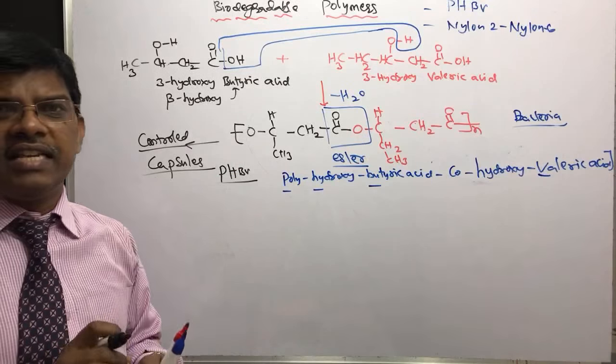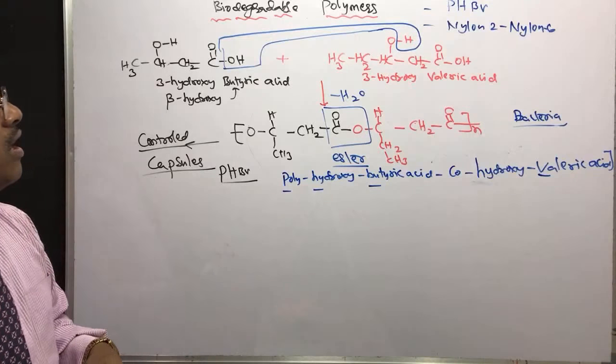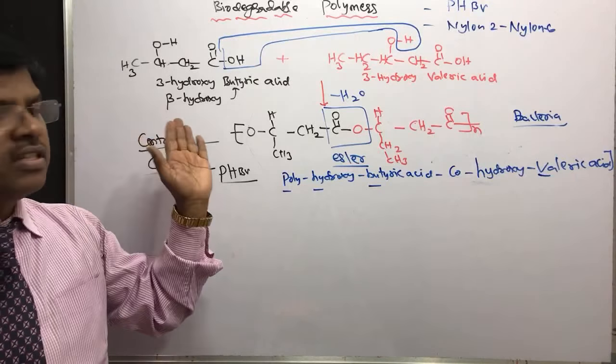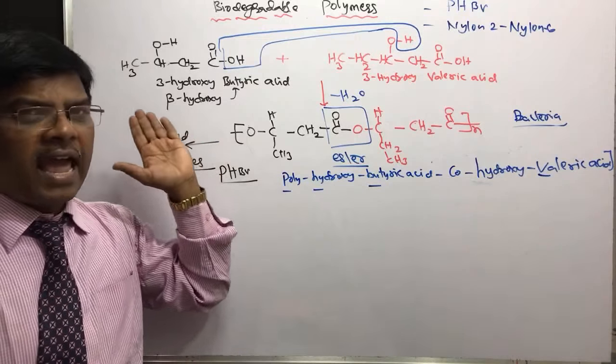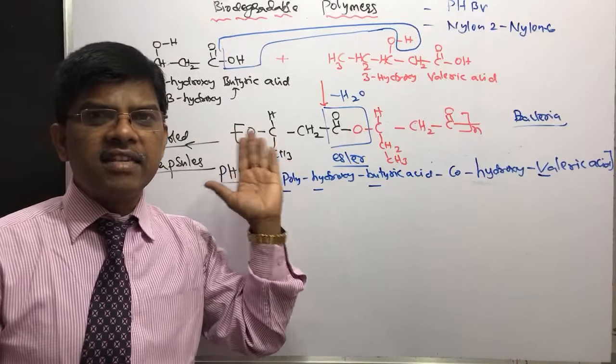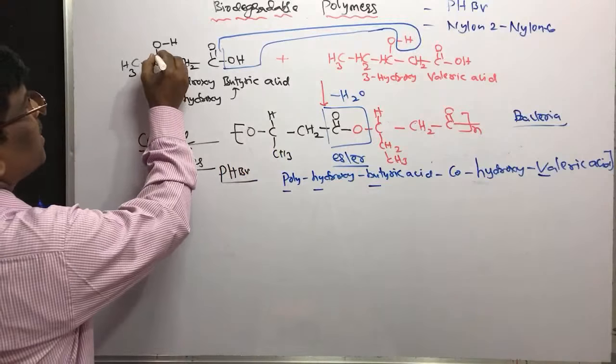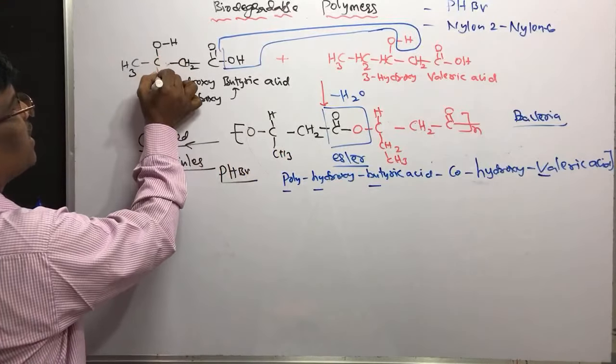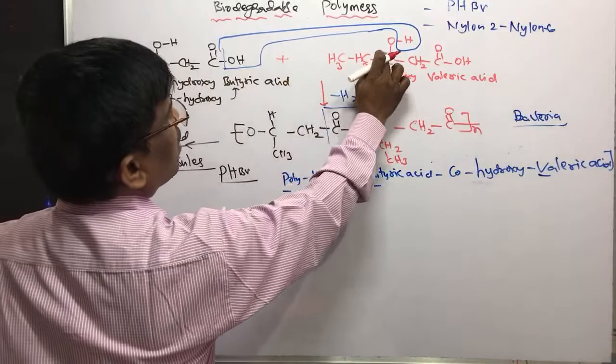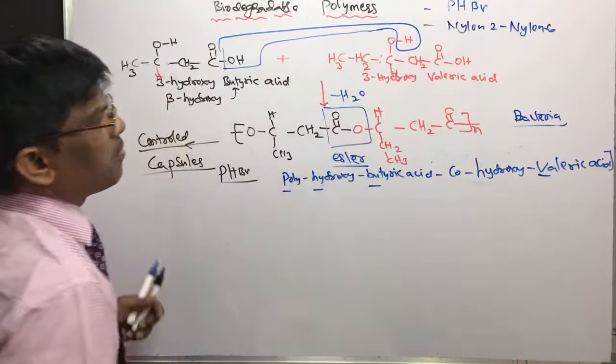The question is: among the given compounds, which is having chiral, asymmetric carbons? Dear students, this is an asymmetric carbon, and here also an asymmetric carbon, stereochemistry.